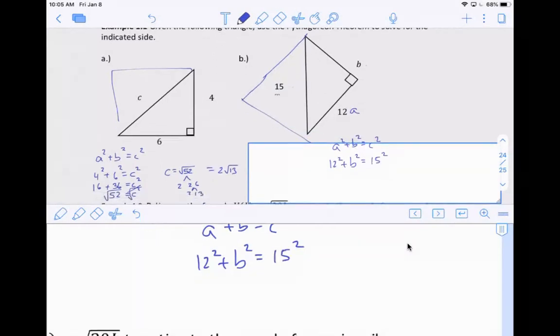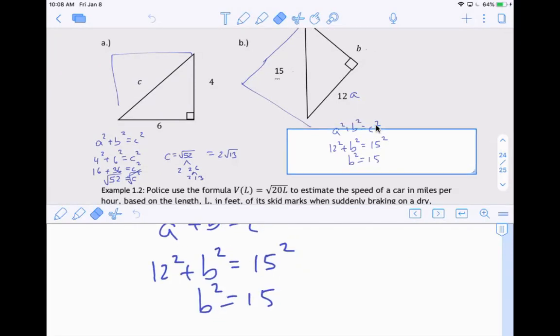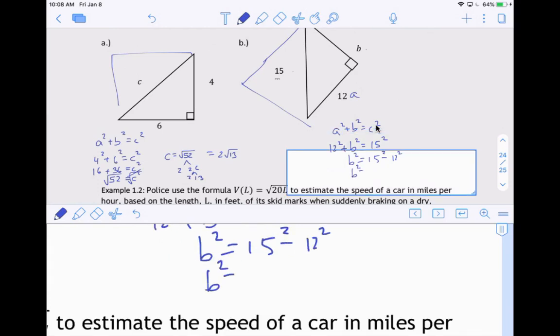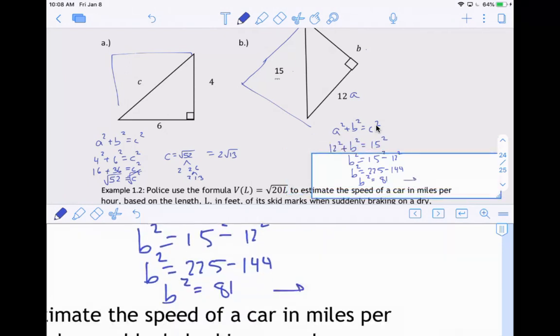Now I'm going to go ahead and do some solving. I'm going to move that 12 squared to the other side. So that's 15 squared minus 12 squared, and that would end up getting us 225 minus 144. In other words, we get 81, and we square root both sides, we get that b is equal to 9.